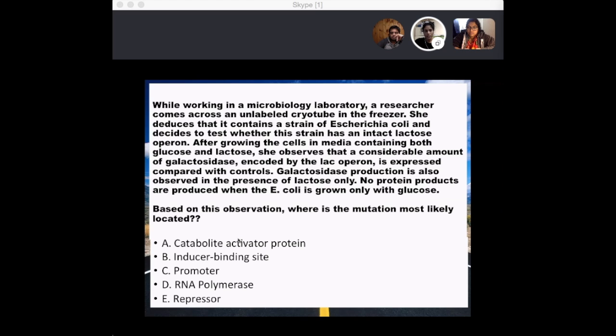Beta-galactosidase production is also observed in the presence of lactose only. No protein products are produced when the E. coli is grown only with glucose. Based on this observation, where is the mutation most likely located? A, the catabolite activator protein. B, inducer binding site. C, promoter. D, RNA polymerase. And E, repressor.